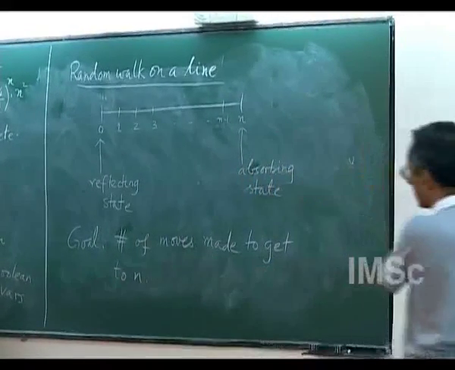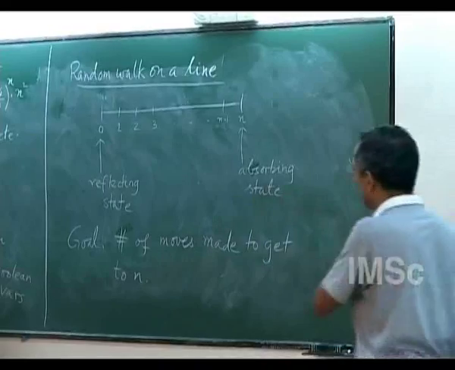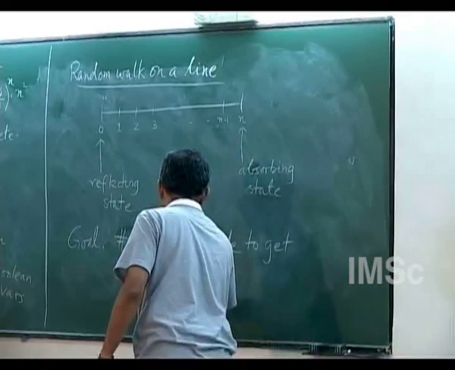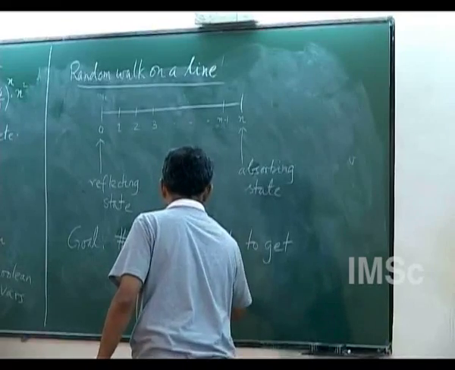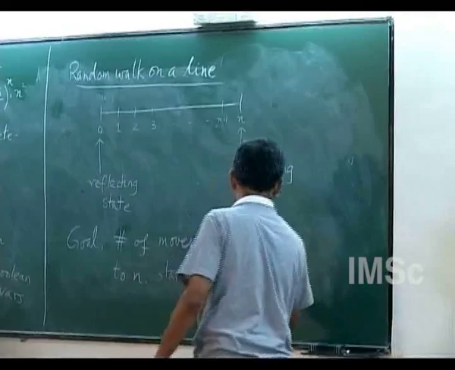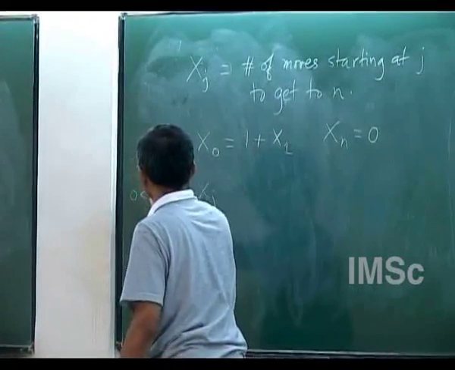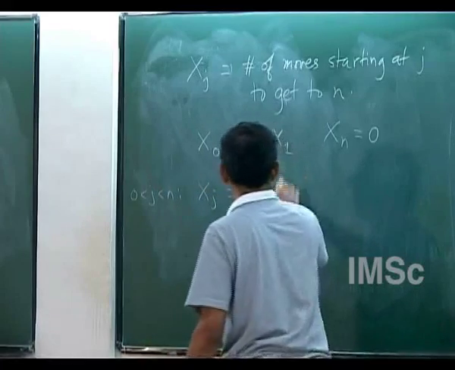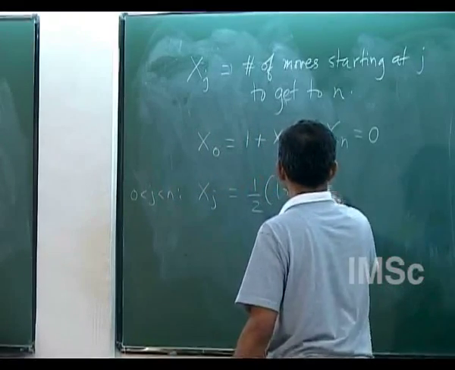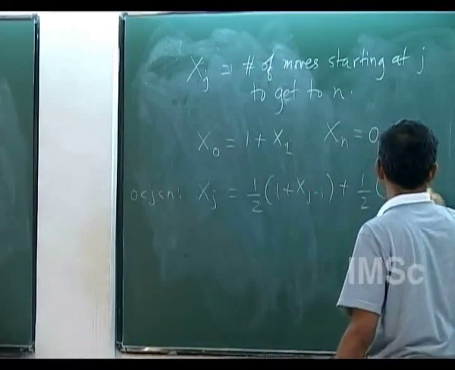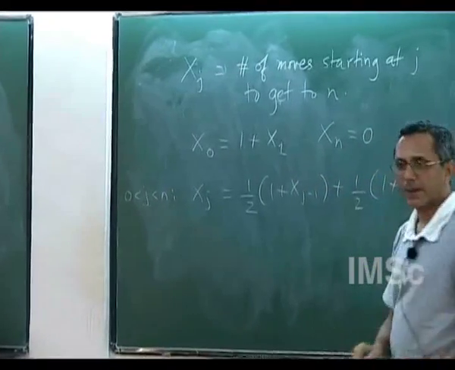So the goal is to figure out the number of moves made to get to n, starting where? Starting at any state j. For 0 < j < n, xj is half of 1 plus x(j-1) plus half of 1 plus x(j+1).